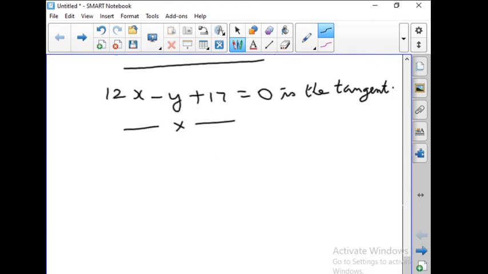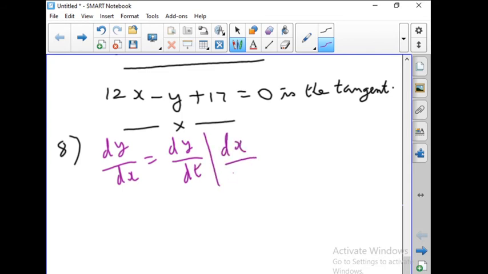Now coming to question number 8. Find the equation of tangent and normal to the curve given by x is equal to 7 cos t and y is equal to 2 sin t. I think this question you can take for homework. It's very simple. We have to find only dy by dx. So dy by dx is equal to dy by dt divided by dx by dt.